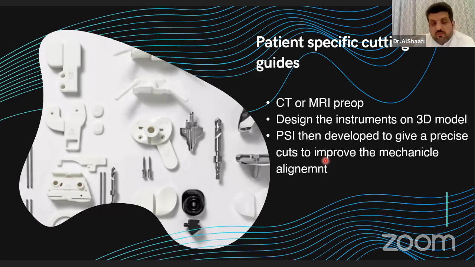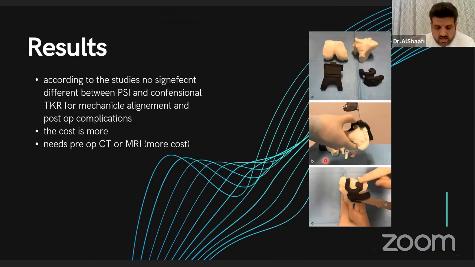Once the preoperative plan is finalized, the exact bone resections are designed into the patient-specific cutting blocks to match the virtual bone. According to the studies, there is actually no significant difference between the patient-specific implants and the conventional total knee replacement for mechanical alignment and postoperative complications.